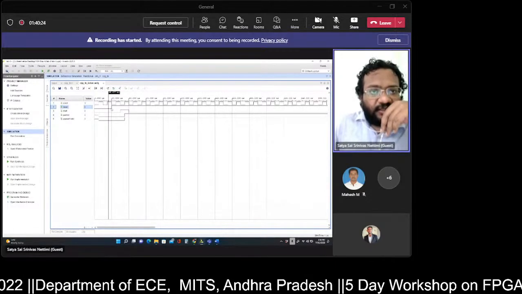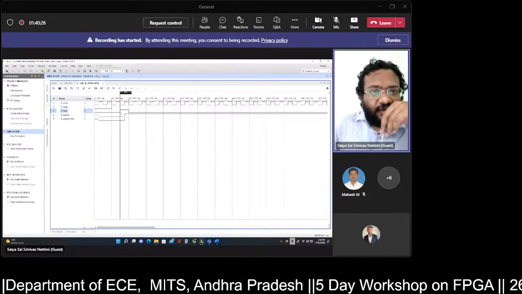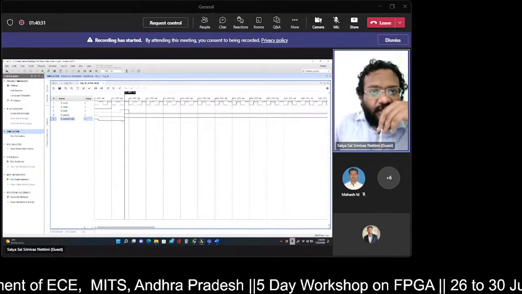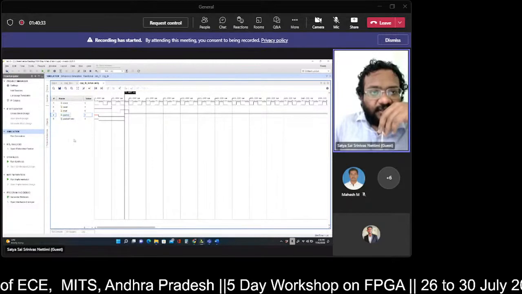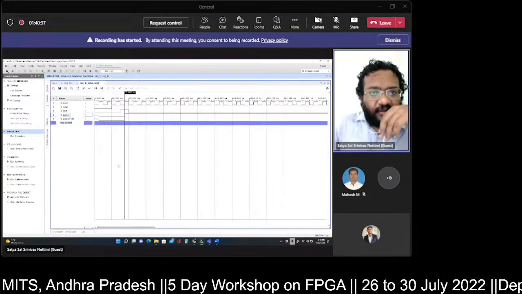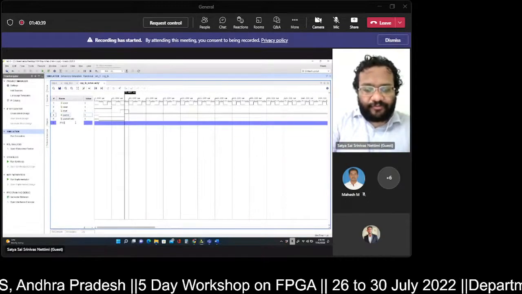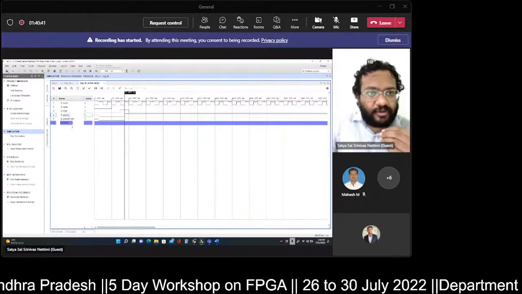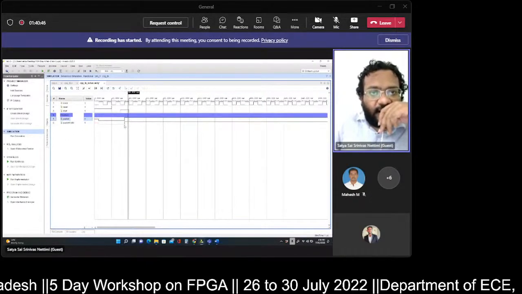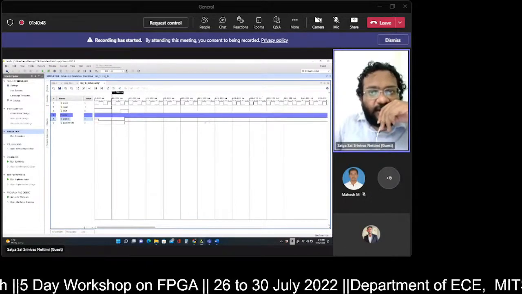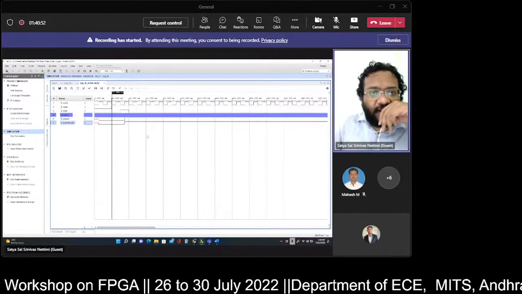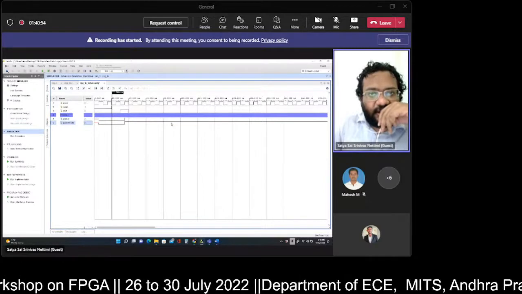First we gave a reset. Next we removed the reset. After that we gave a start signal over here. And the only thing we have to observe, our main interest, is the Ethernet packet, right? This is the packet, and we read this packet signal wherever the packet valid becomes logic high.